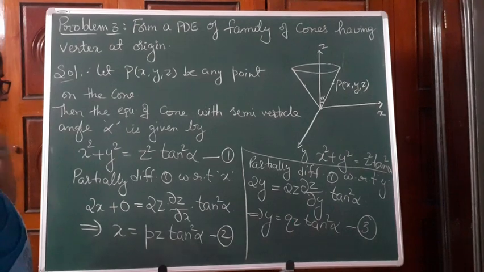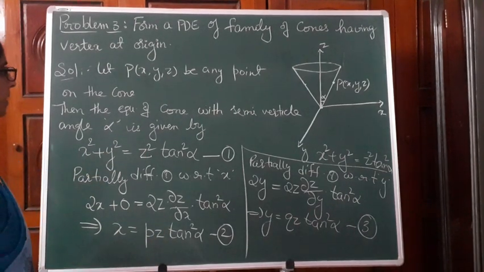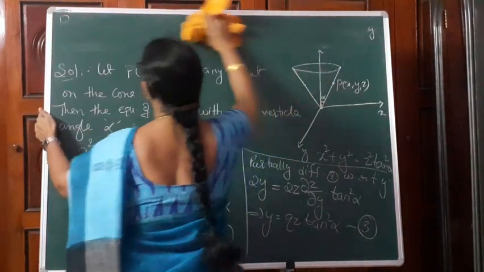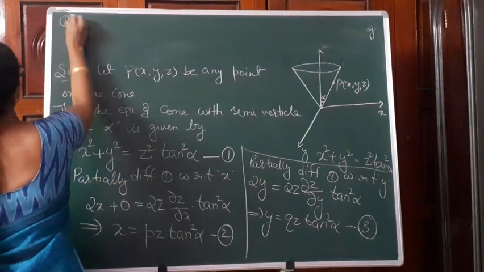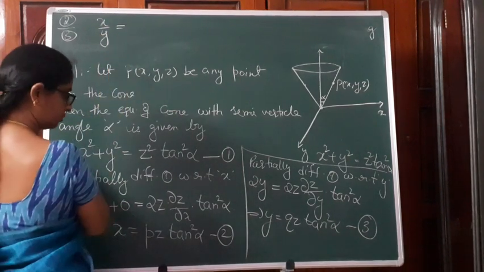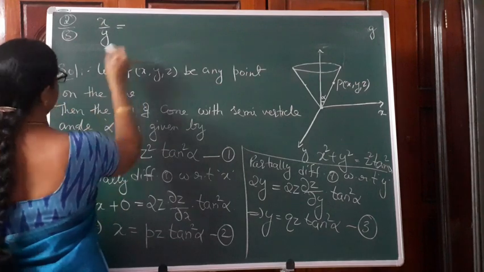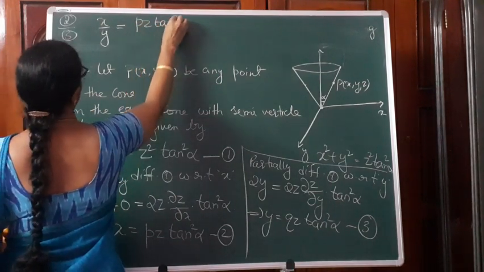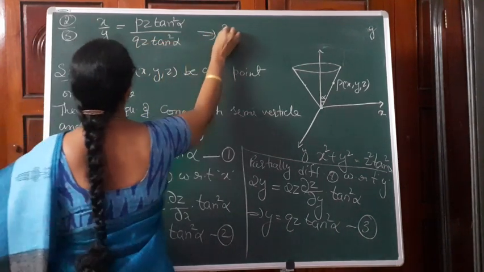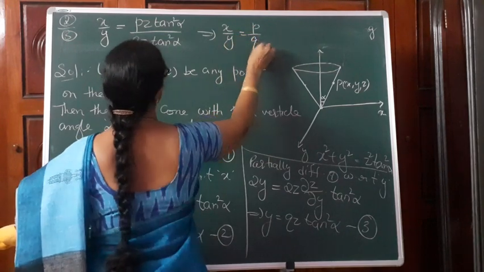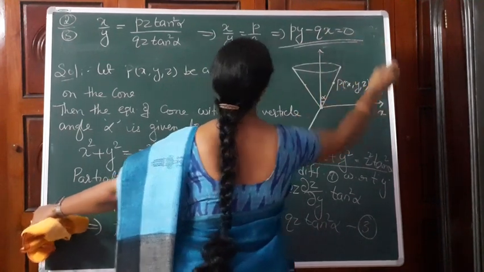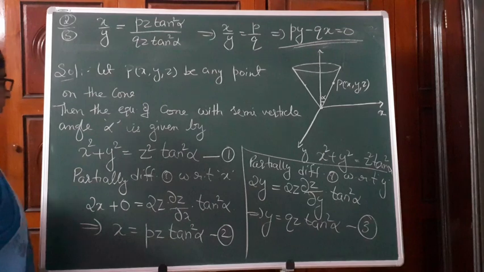Now if we divide 2 and 3, tan square alpha gets cancelled and hence alpha is eliminated. So equation 2 by equation 3 gives x by y is equal to pz tan square alpha by qz tan square alpha. That is x by y is equal to p by q, or py minus qx is equal to 0, which is the required partial differential equation. Right?